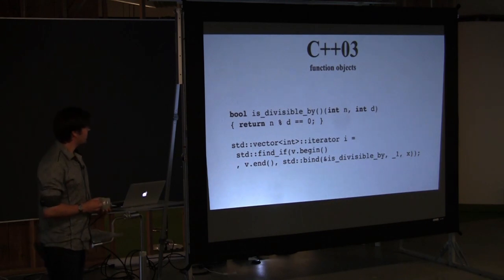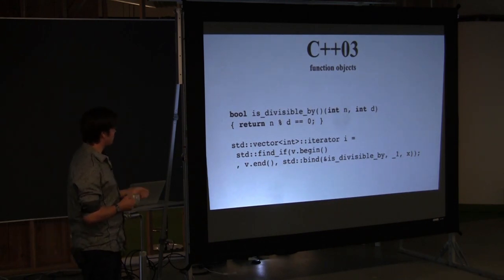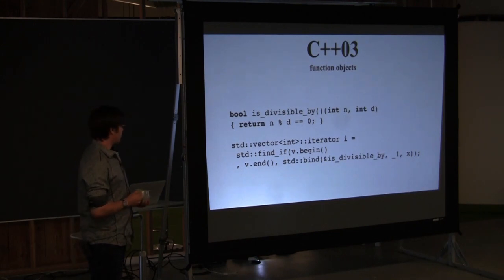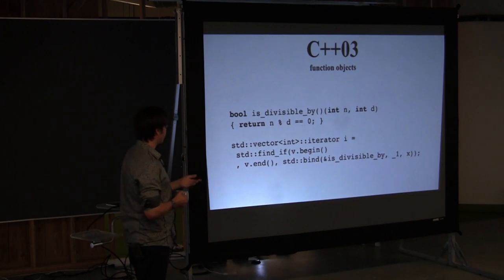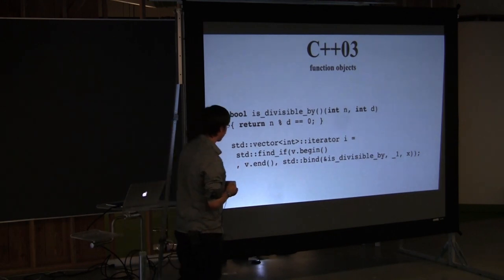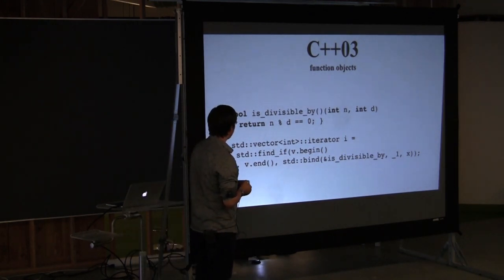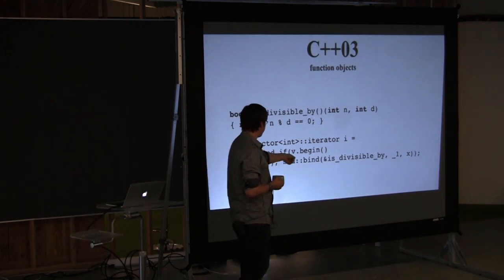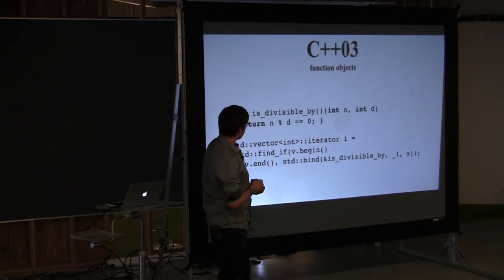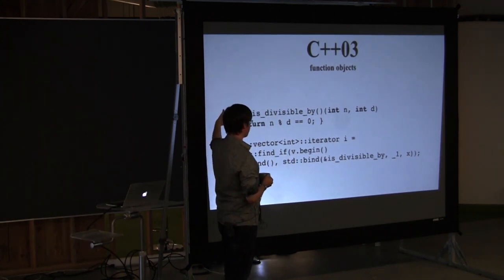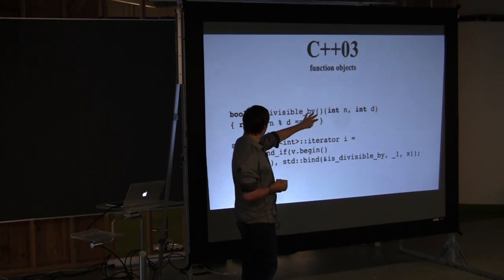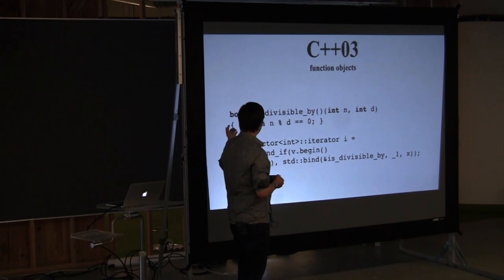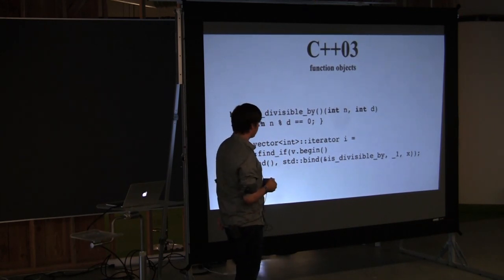In C++03, this is not technically a new version of the language, but there was a technical specification that was published as an official ISO document at its time, introducing a few more standard library components. One of them was bind, which makes this significantly better, because now isDivisible can be a free function that takes two arguments, the numerator and the denominator, and it returns whether or not it's divisible.